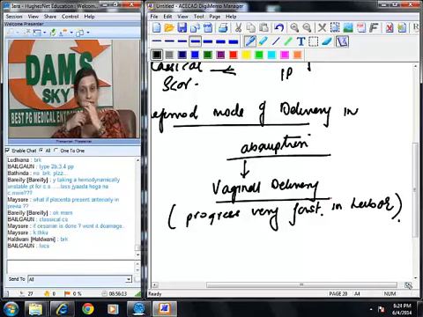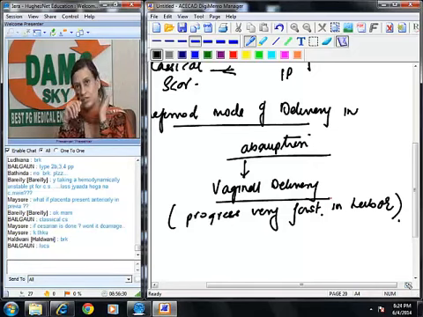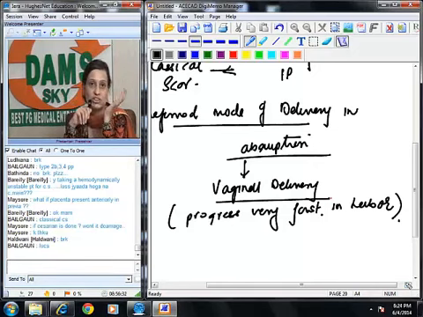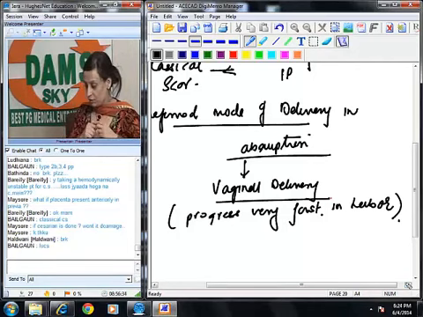Now, indications for CS in abruption would remain the same, that is, if the patient is in shock or the baby is in distress. When the patient is in shock or when there is fetal distress, even in cases of abruption, the answer would be cesarean. But out of these two indications, the preferred mode is vaginal delivery, right?